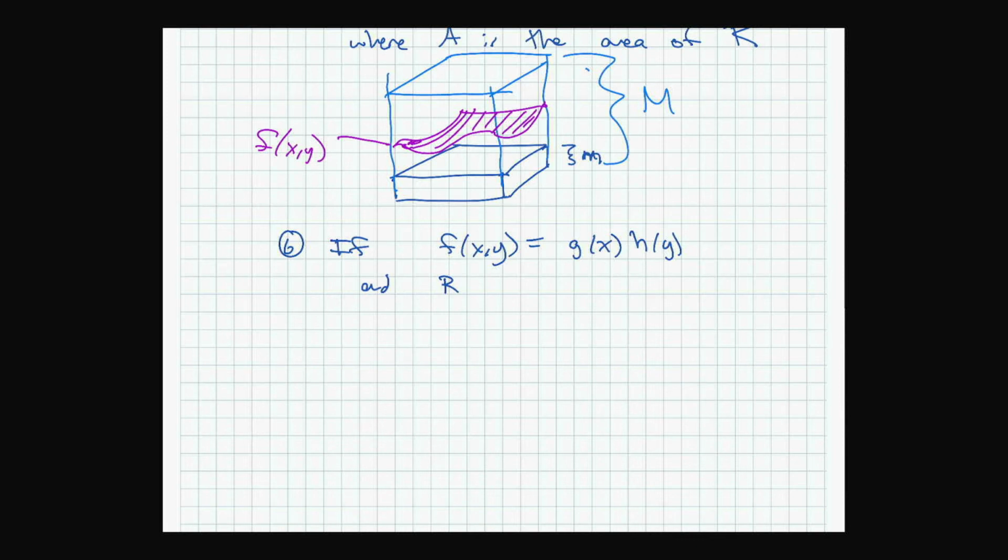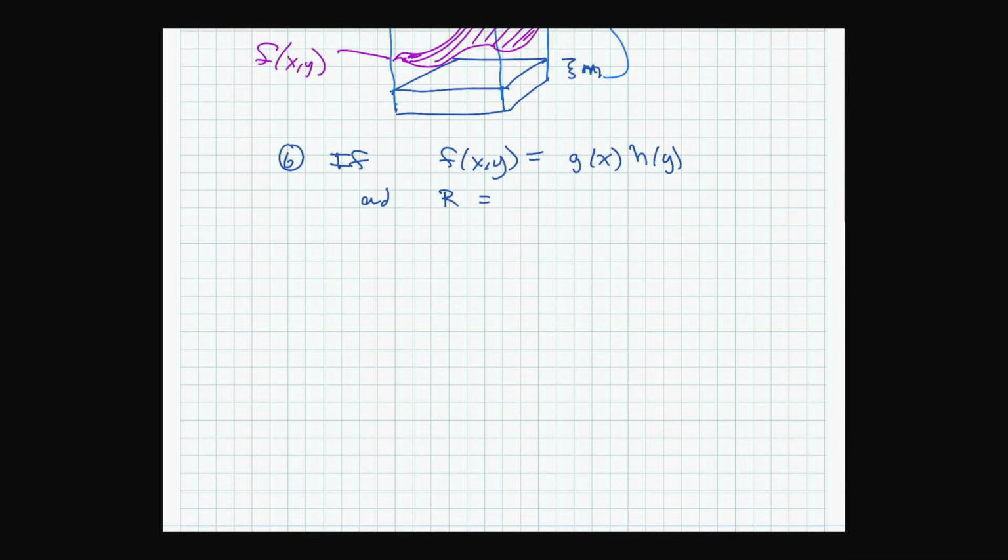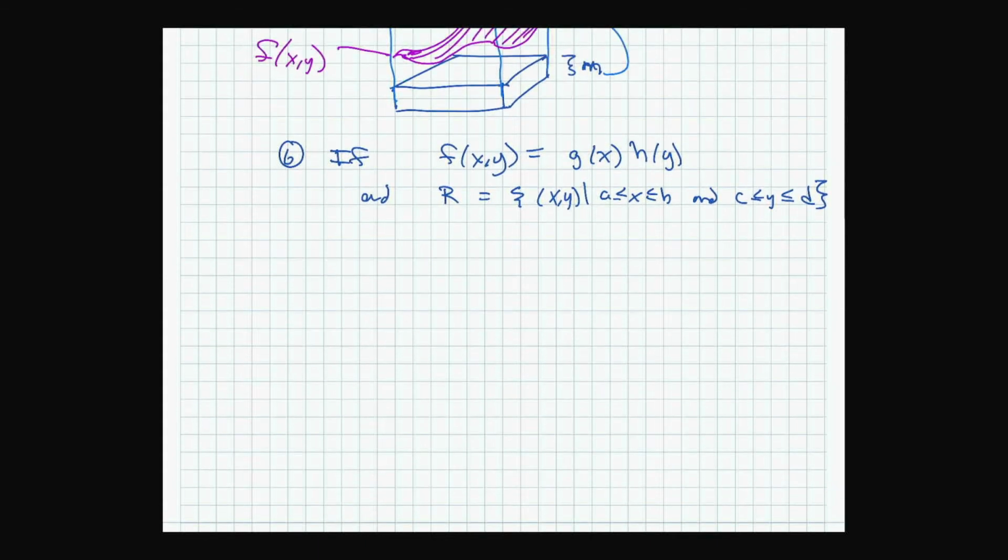Suppose that R is the set of x, y such that x is between a and b and y is between c and d. Then the integral over R of f of x, y dA can be split into two integrals: one integral from a to b of the function of x, and one integral from c to d of the function of y.